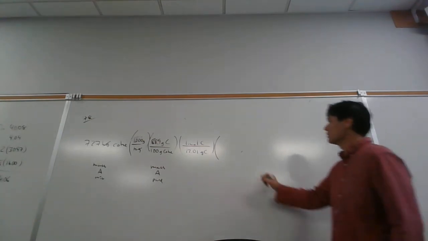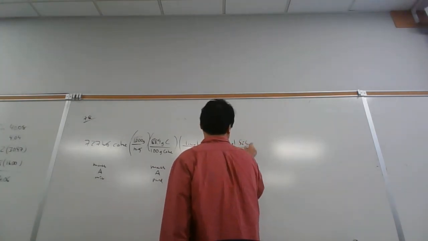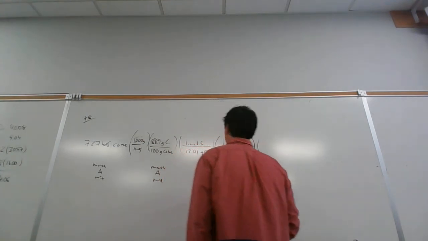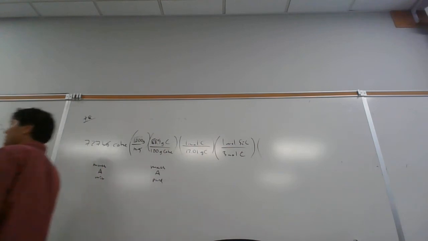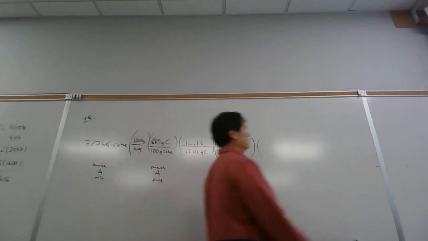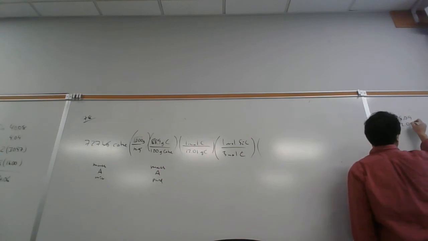So 1 mole of silicon carbide for every 3 moles of carbon. And then we need to go from moles of silicon carbide to grams. Silicon is 28.09, and then carbon's 12.01. And so this is going to be 40.10.